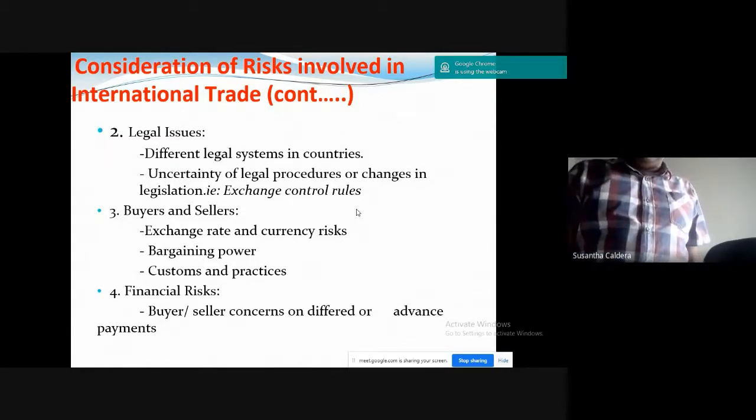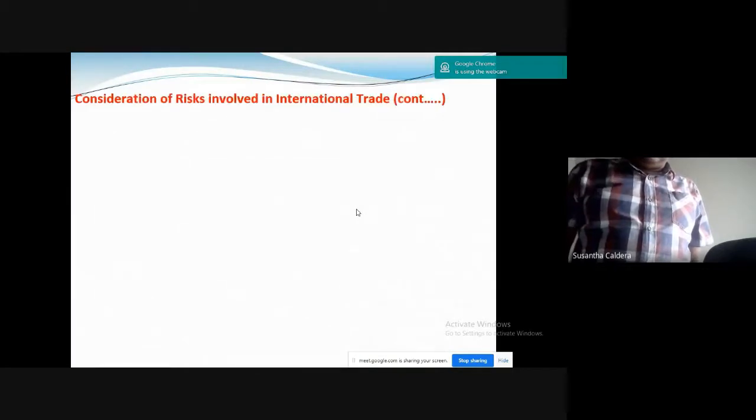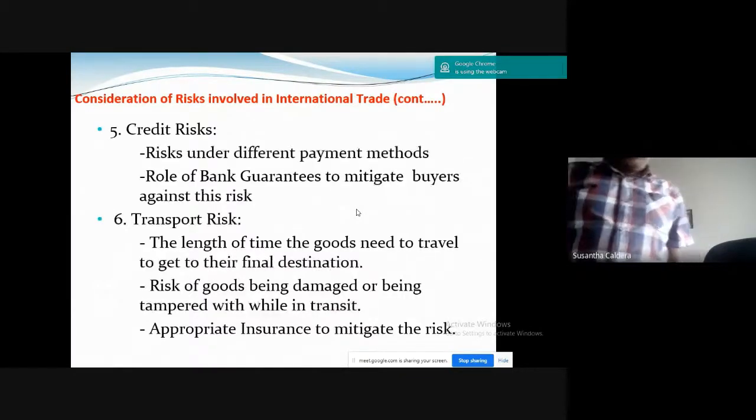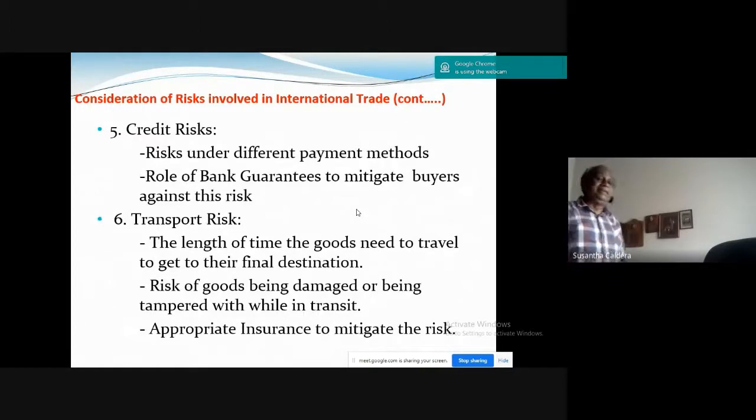In credit risk, risk under different payment methods: if it is advance payment, it's riskier to the buyer.